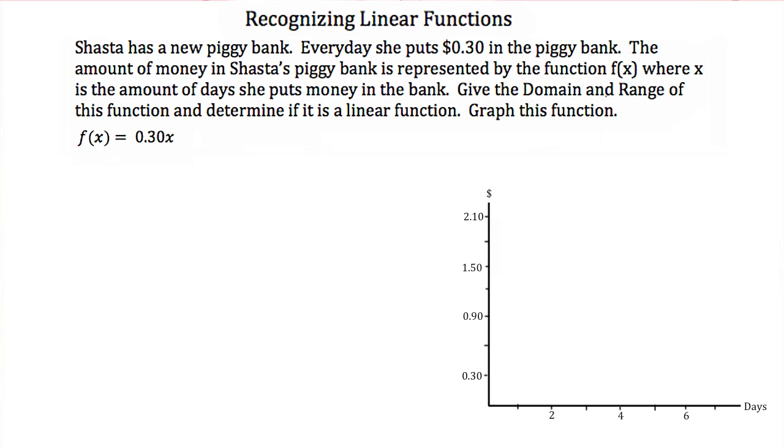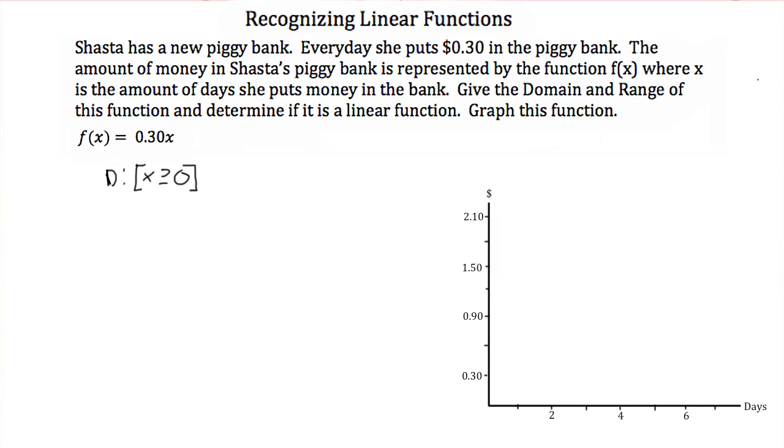Now let's think about the domain and range of this function. Can Shasta put money in the bank a negative amount of days? Can she put money in the bank before she gets the piggy bank? Well, the answer is obviously no. So our domain is equal to x must be greater than or equal to 0, because negative numbers just don't work.